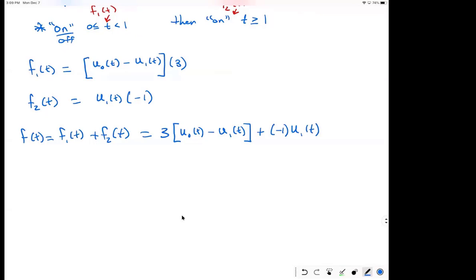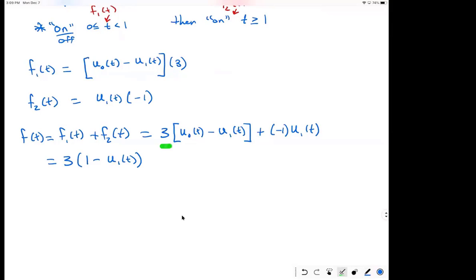So all I've done is add them together and then written the constants out front instead of on the right-hand side. Well, then that can simplify to 3 times, and remember I said when we started, when I have this u sub 0 of t, we can always write that as a 1. So 1 minus u sub 1 of t.